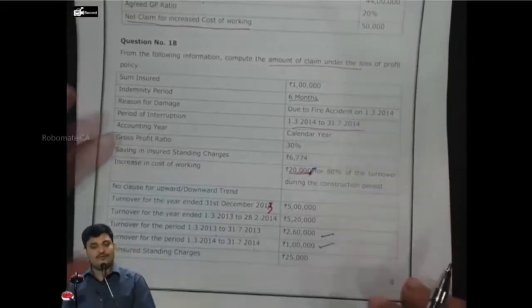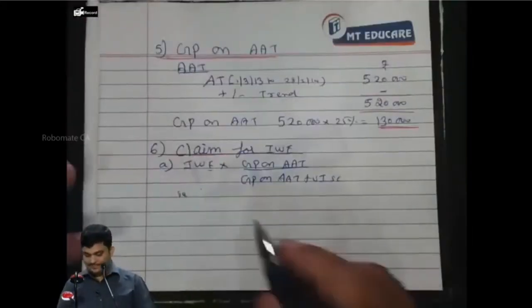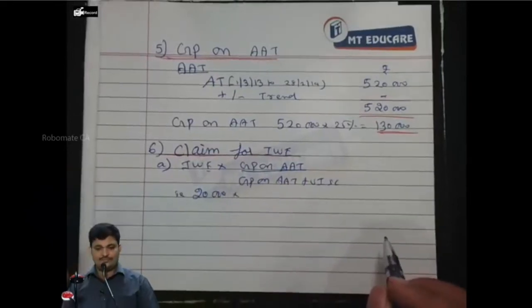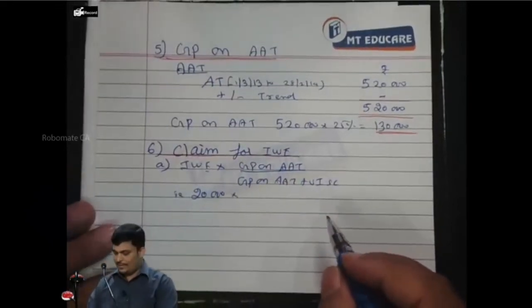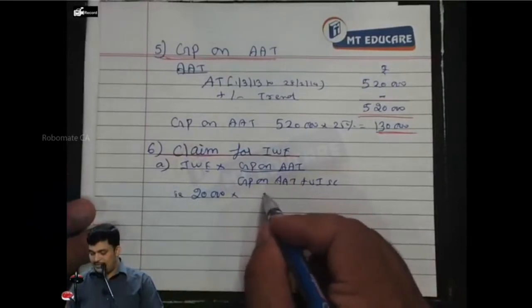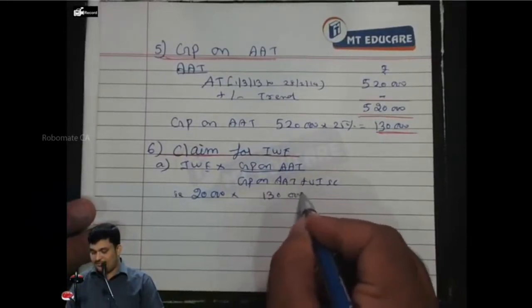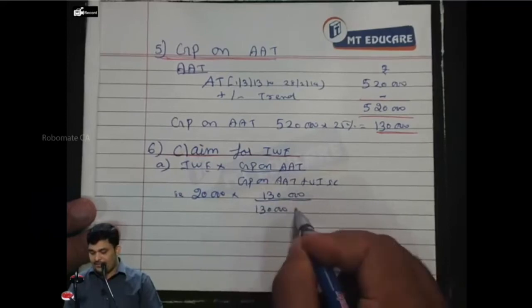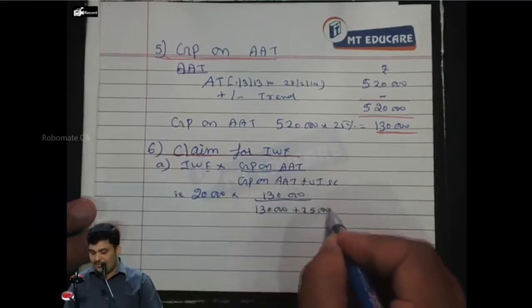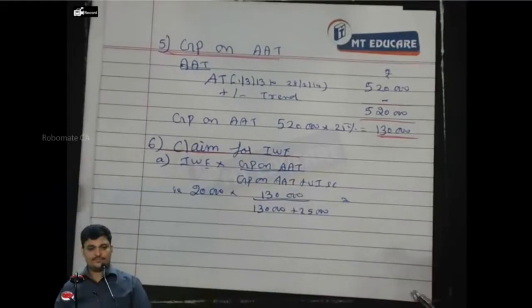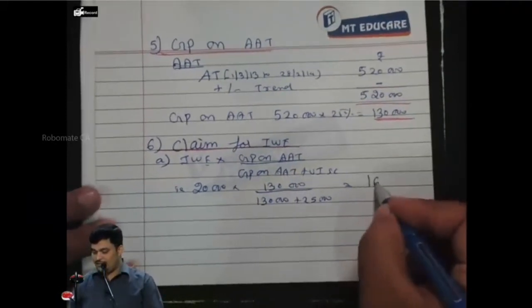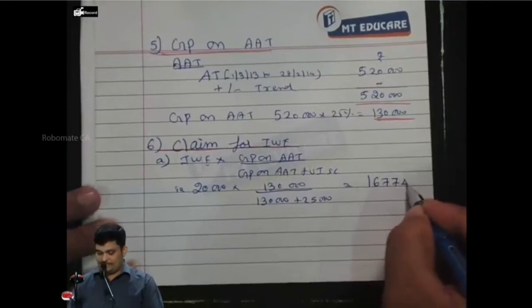Expenditure incurred is 20,000. 20,000 into 1,30,000 divided by 1,30,000 plus 25,000 is 16,770.